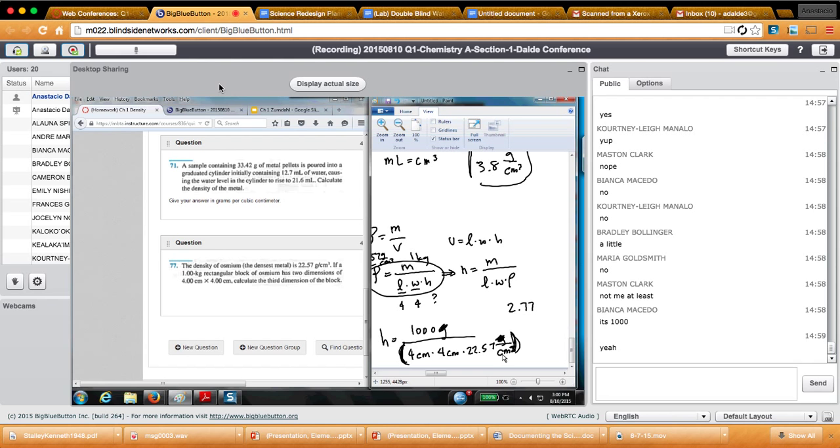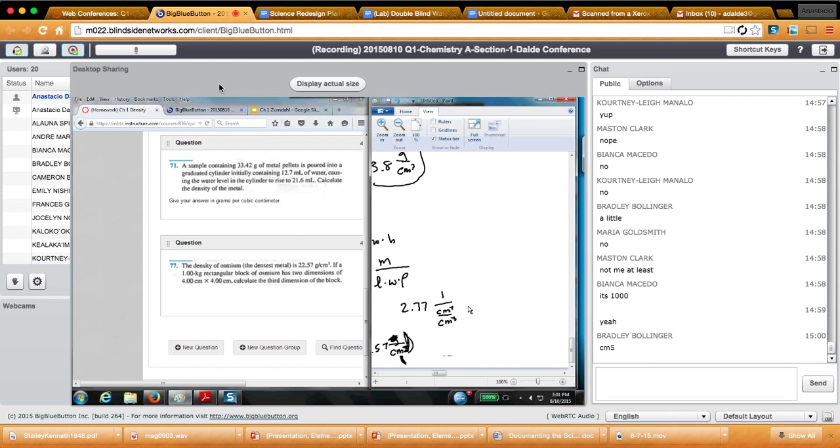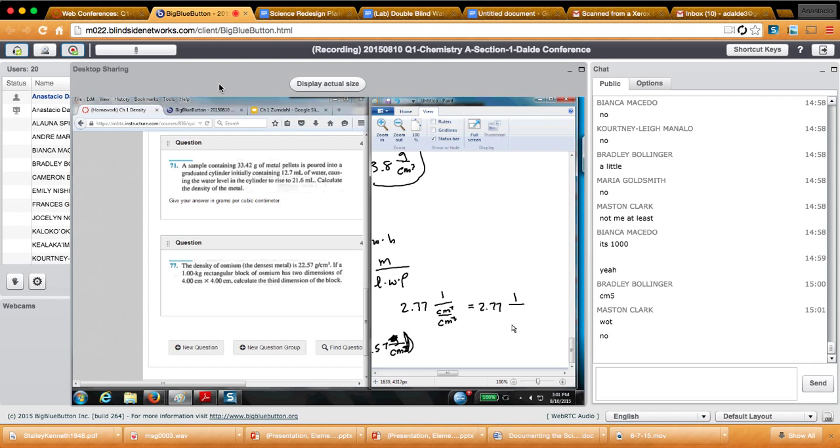There's a centimeter cubed over here. So what I have is 1 over centimeters squared divided by centimeter cubed. It would be 1 over centimeters.